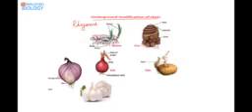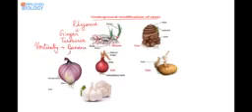Rhizome is seen in the case of ginger and turmeric. The rhizome grows horizontally in these two cases, while it grows vertically, that is erect, in the case of banana and alocasia.